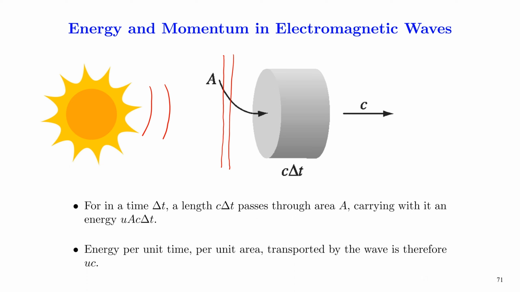If we consider an imaginary volume in space having area A and depth c delta t, then the energy that is enclosed in this small volume will be U times A c delta t. When we take the energy per unit time per unit area transported by the wave, it will be equal to U c, which is the magnitude of the Poynting vector.